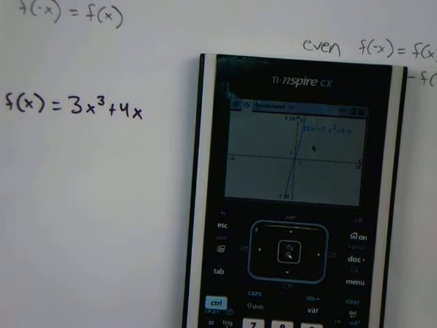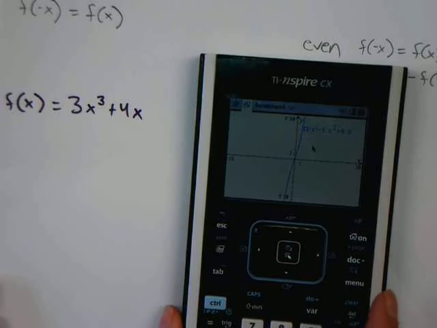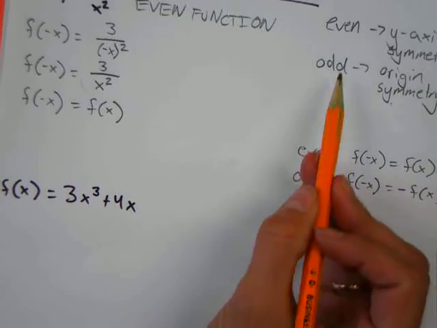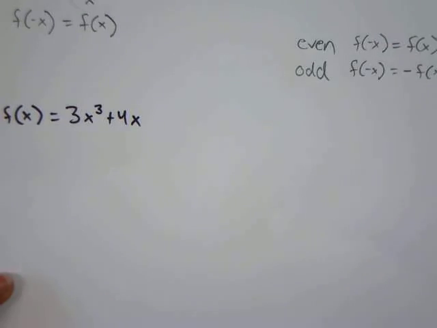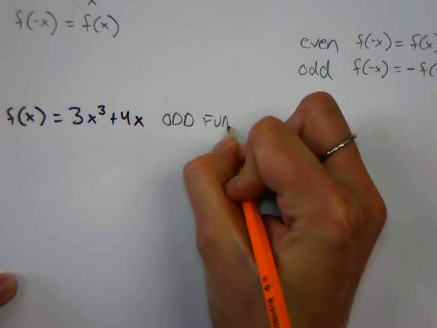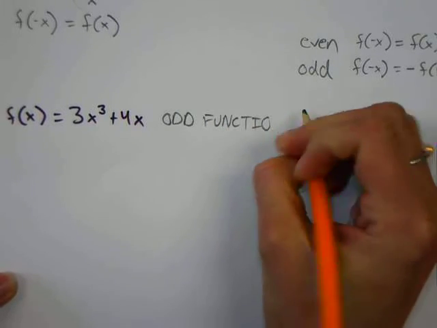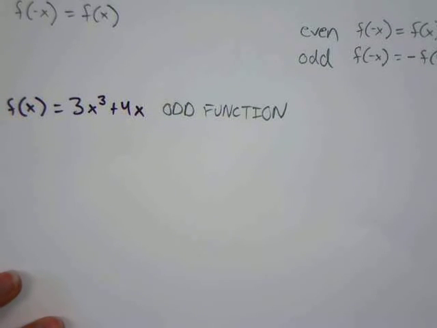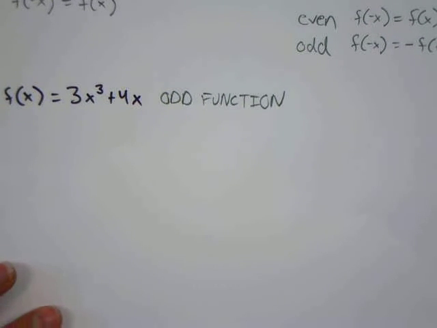This time it looks like I have origin symmetry from looking. So origin symmetry means we've got possibly an odd function. Origin symmetry means it's going to be an odd function. Since it looks like origin symmetry, it probably is an odd function.